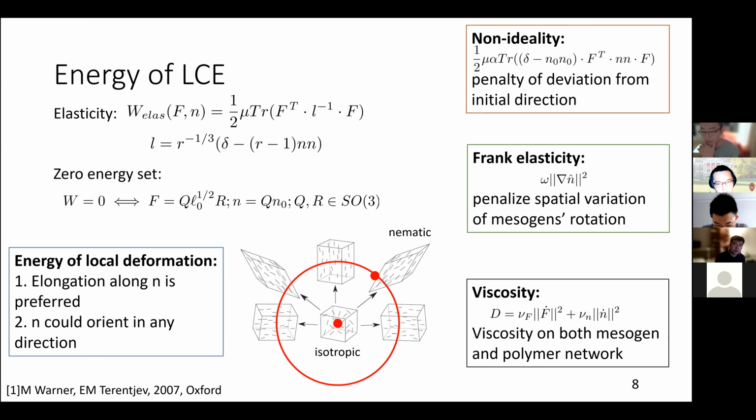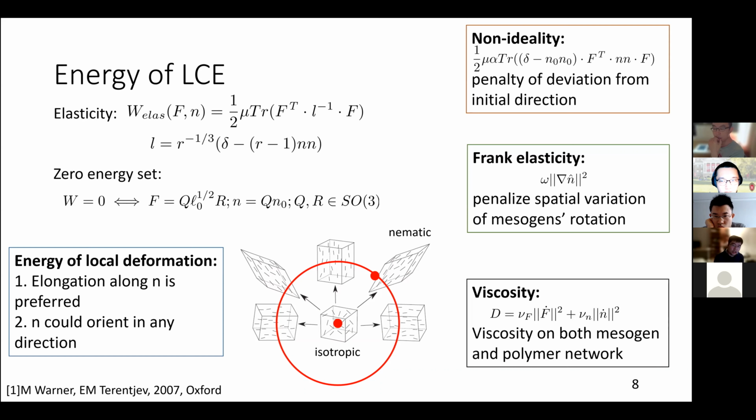Yes, that's a good question. So actually, the Frank elasticity is about 3 orders of magnitude smaller compared with the elasticity of the liquid crystal elastomer and also the viscosity. So the main contributors are the elasticity itself and the viscosity.